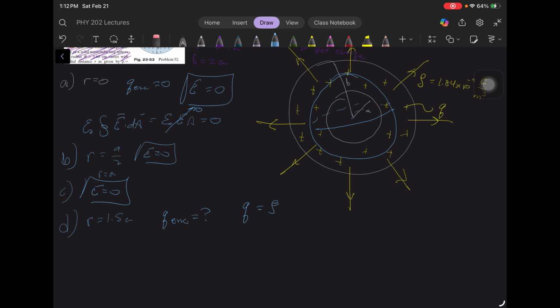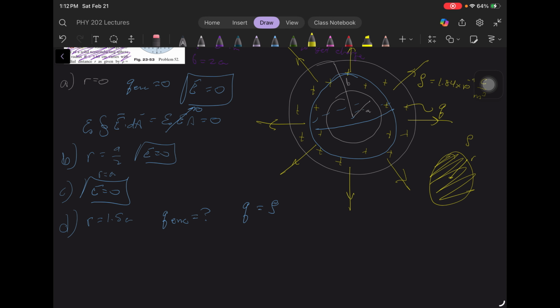If we had something like this, and it had some rho, and it had some r, then it would just be rho times volume gets you charge, because rho is charge per volume.